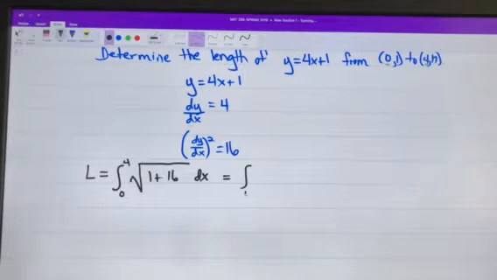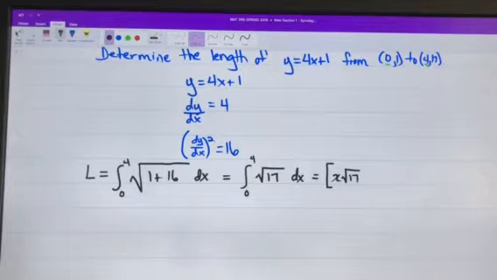And I have the square root of 1 plus the square of dy over dx, which I have to be 16. One plus 16 is 17. So I have the square root of 17 dx to integrate over.